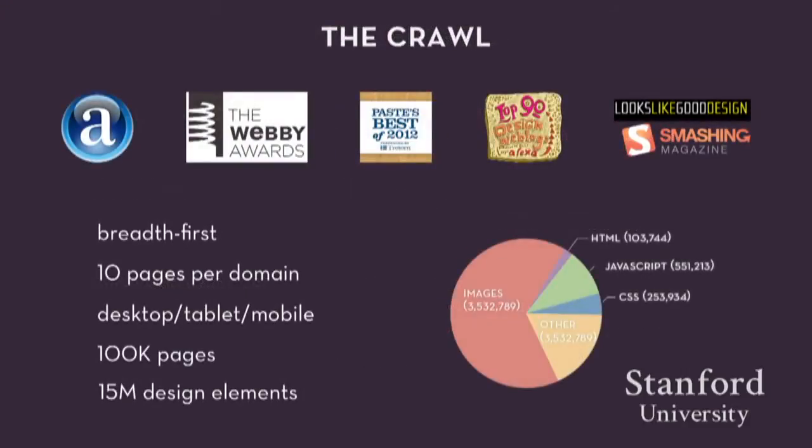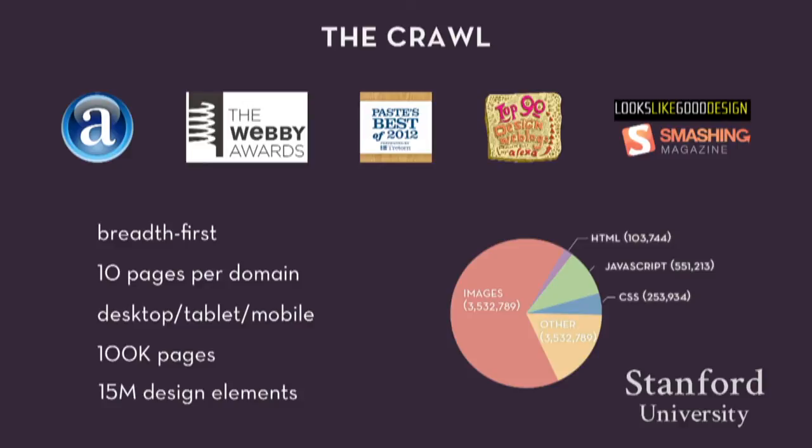The Website Geist dataset is an ongoing project, but we seeded the initial crawl with pages from the Alexa Top 500, the Webby Awards Gallery, and popular design blogs. We crawl pages in a breadth-first order and limit downloads to 10 pages per domain to ensure a diverse repository.